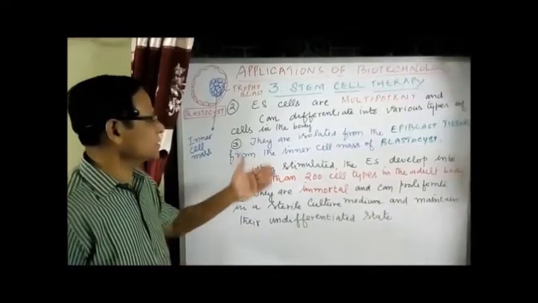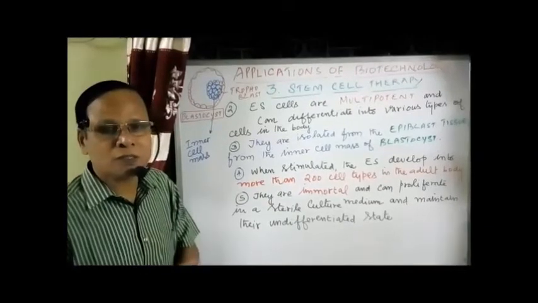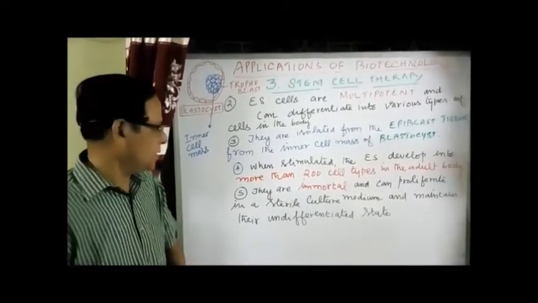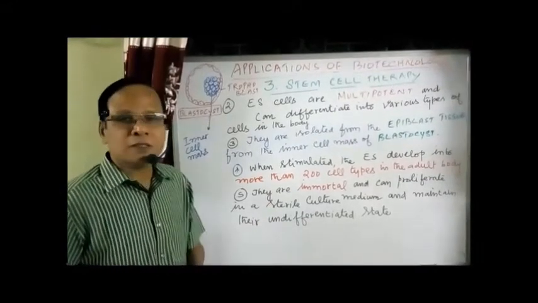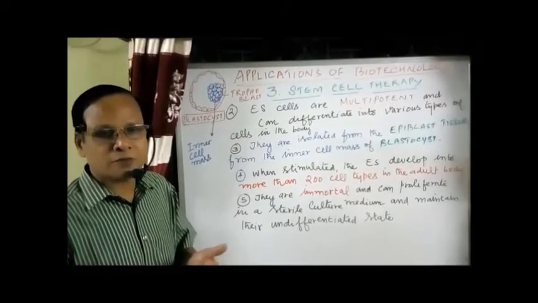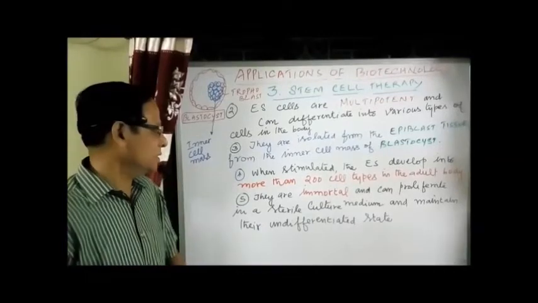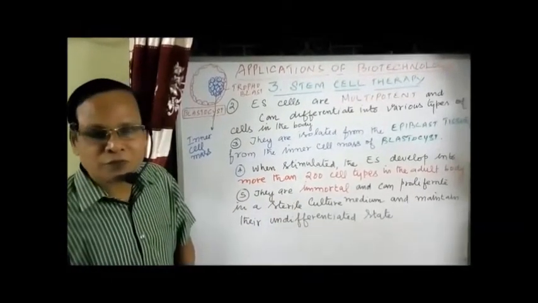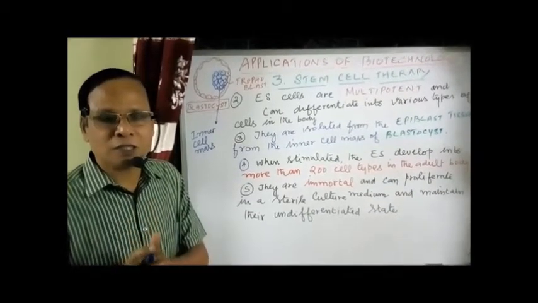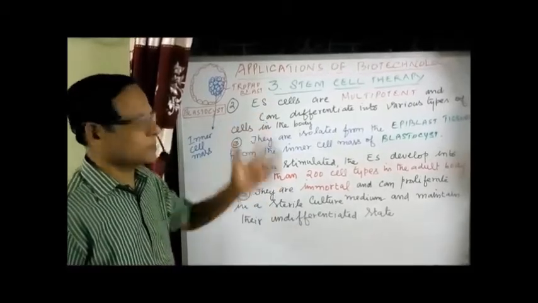When these stem cells are stimulated or activated, they develop into more than 200 cell types in the adult body. These cells are immortal and never die. They divide, as in the case of amoeba or the meristematic cells. They can proliferate continuously and maintain their undifferentiated state even after many divisions. That's the nature of embryonic stem cells.